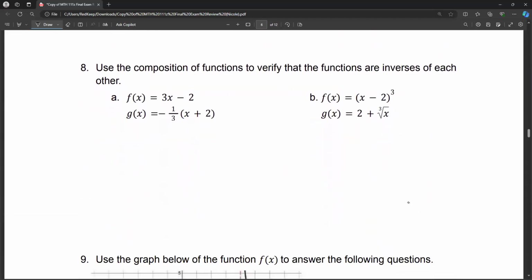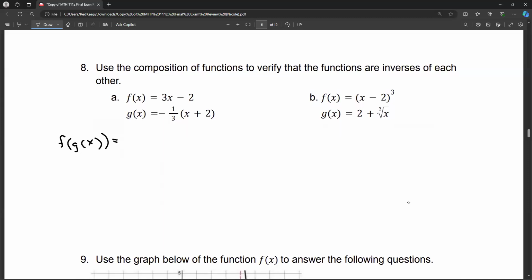Moving on to question A, they ask us to use the composition of functions to verify that the functions are inverses of each other. So here we can go ahead and do something similar to what we did in question 7 and just say, well, what is f of g of x equal to? The composition.